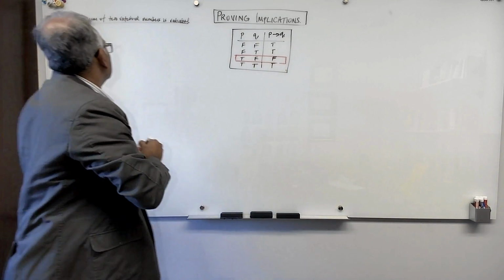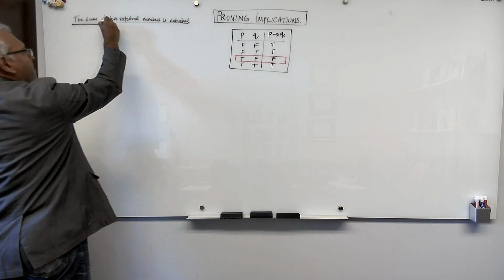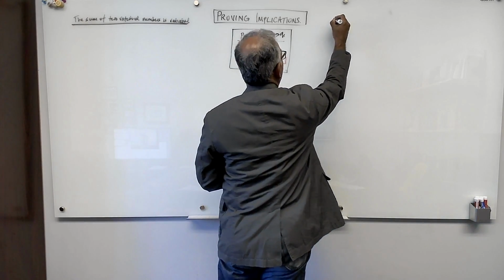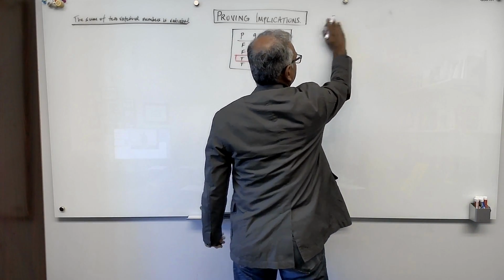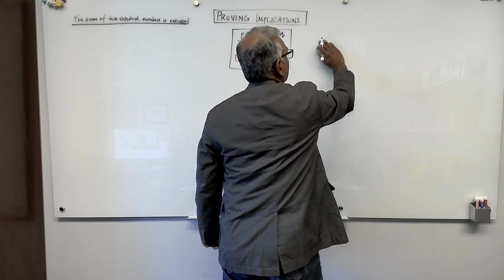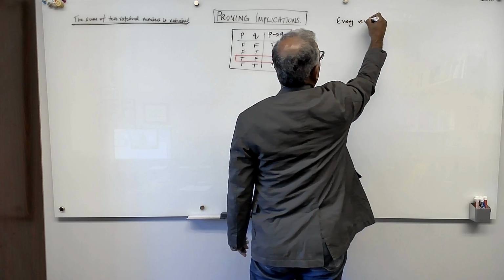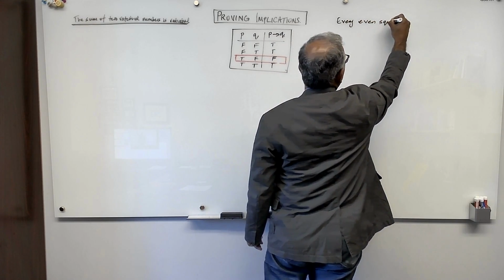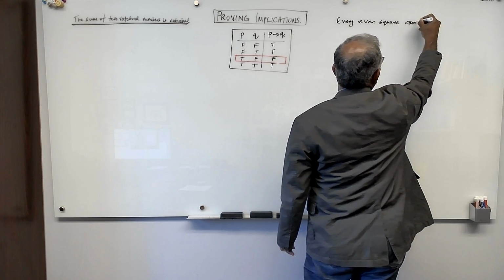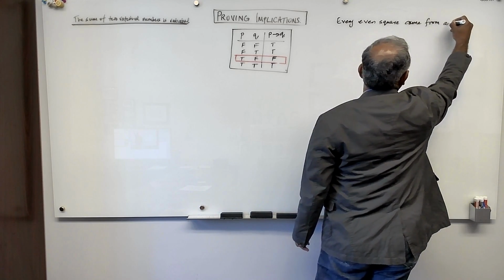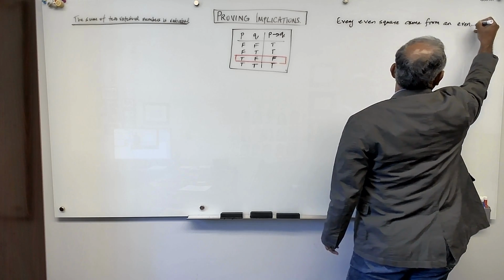And example number 2: every even square came from an even number.